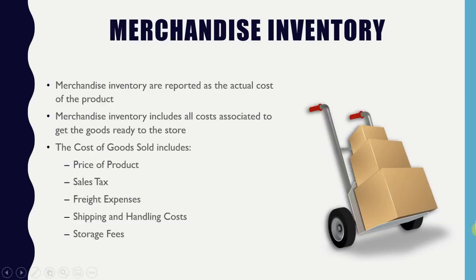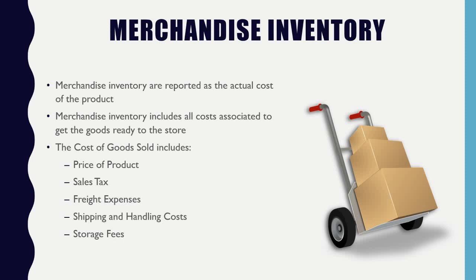So here we go. We're going to talk about merchandising inventory and what is going to be included in the cost of purchasing the actual item. The definition is that the cost of inventory is every single cost it takes to get the asset to your store.